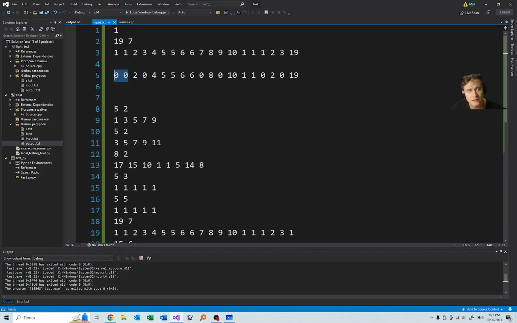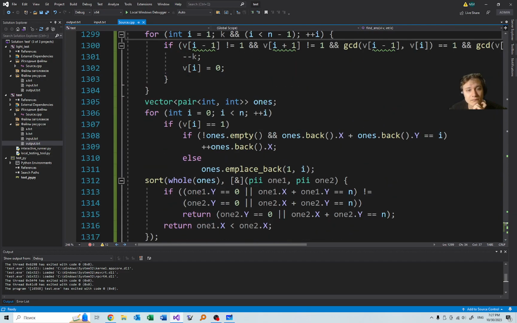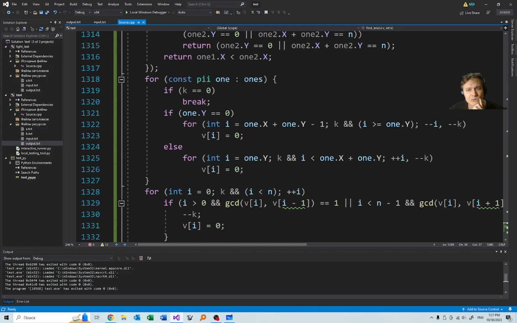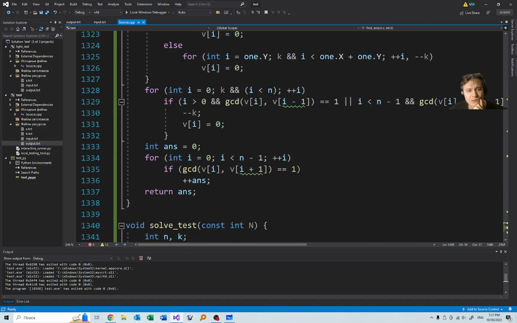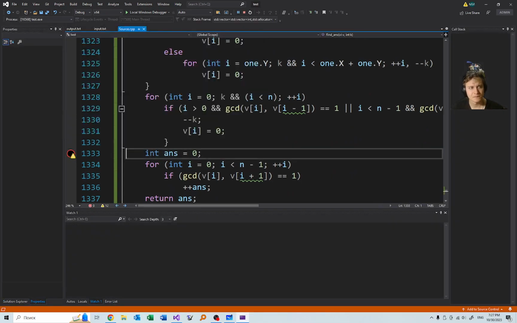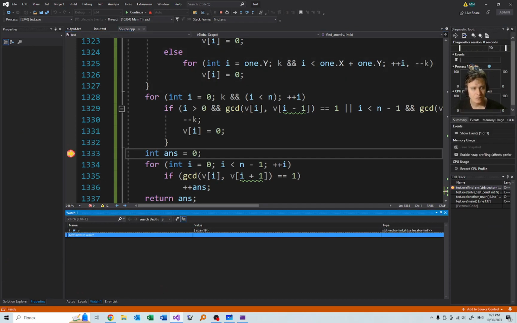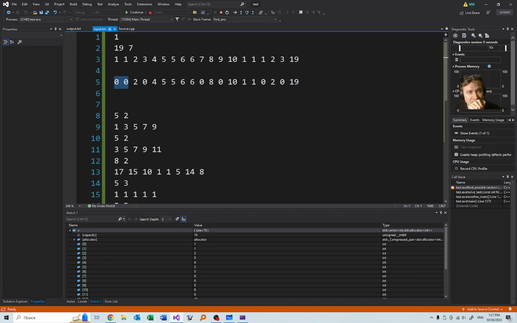Yeah? This means that something is really broken. How is it 4? I don't think it can be 4. 1, 1, 2, 0.